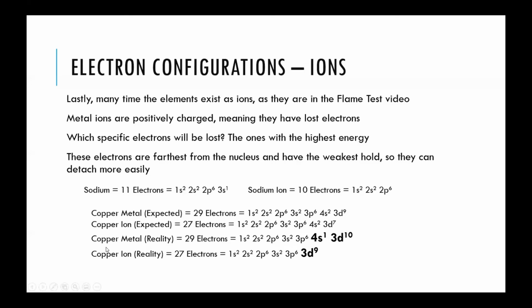It loses 2 electrons. The 4s electron is the highest energy, so that one gets booted off. It gets lost. And the next highest energy level would be in the 3d. So this 3d10 becomes 3d9 for the copper ion.